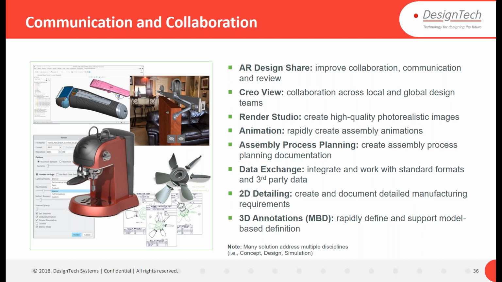Or you can use an animation tool inside Creo to create assembly animations, where you can create a sequence of assembly and disassembly, so that can also be shared with the front end technicians. Also you can save data in STEP format or IGES format, or maybe in CATIA format or NX format, which can be directly opened in their native format.